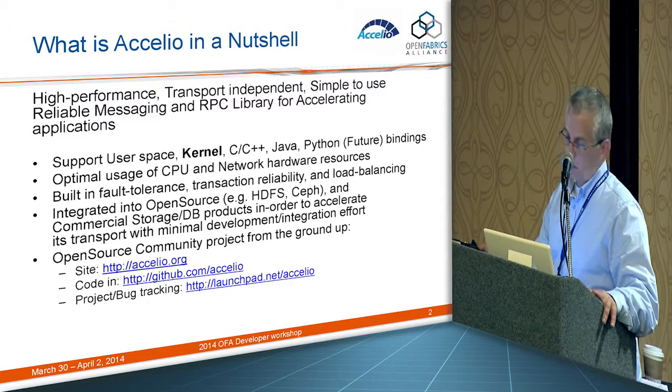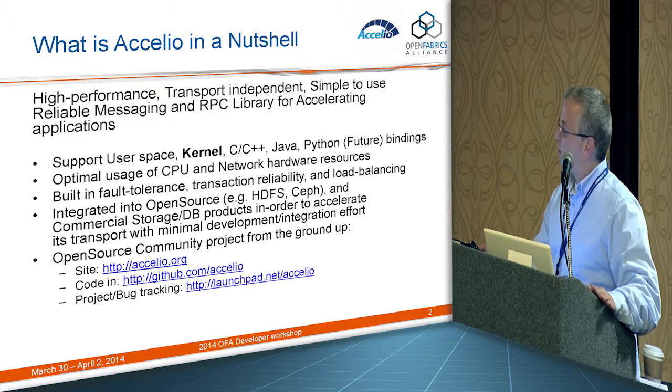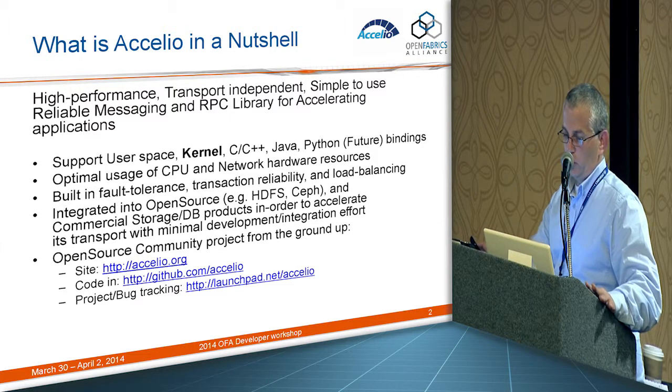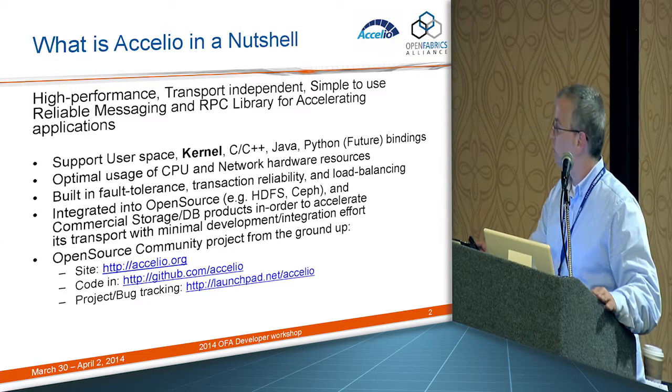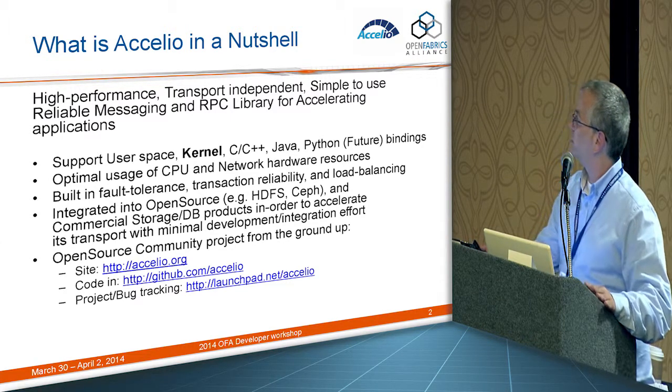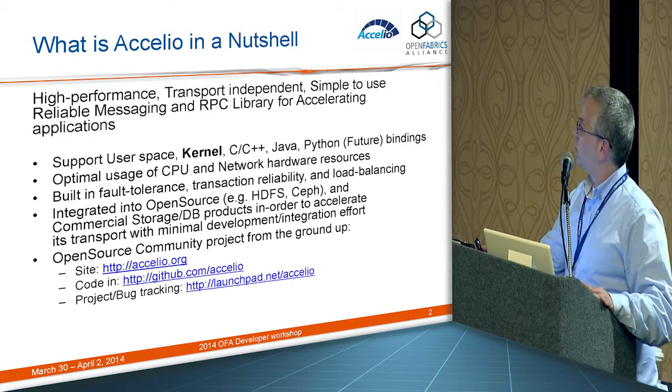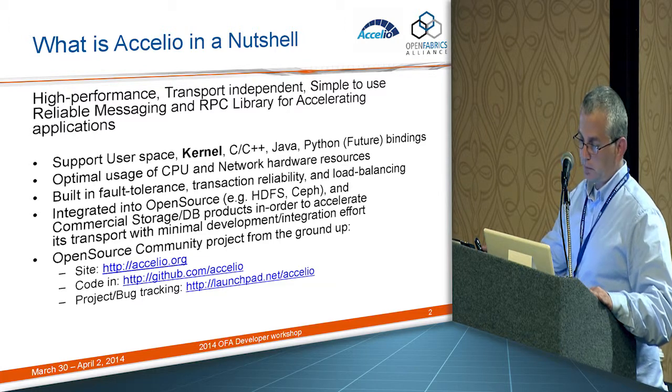The wire protocol is the same. The API has 90% compatibility between the kernel and the user space. That was because of differences between kernel and user space, and not because we did not want to support them.